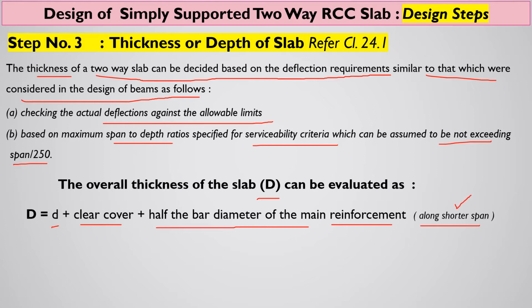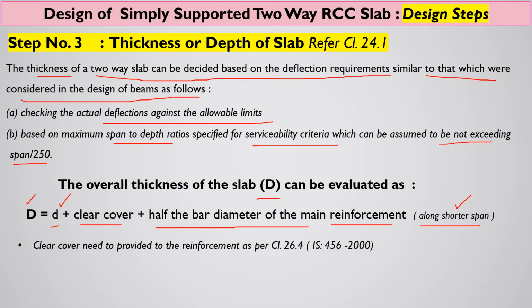So when we calculate the effective depth or overall depth of the slab, we have to take into consideration the center line of the main reinforcement, which is along the shorter span.